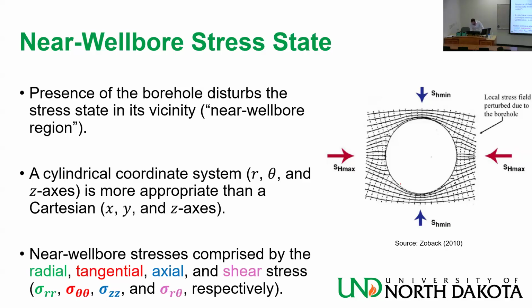Which is basically here. We say at, what did I do here? At, this is R equals RW, okay? Or sometimes they use small r for RW. They mean the wellbore radius, at a distance R equal to the wellbore radius.